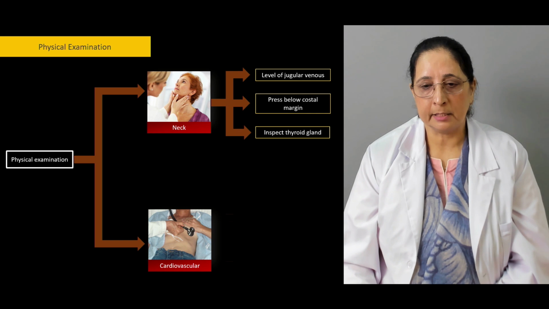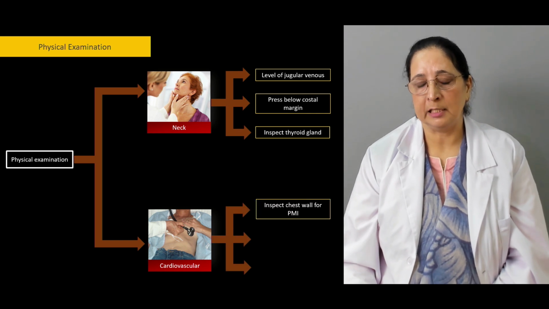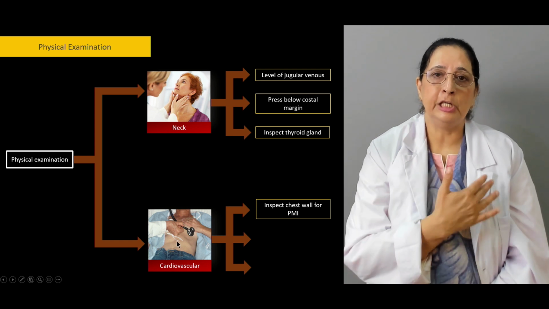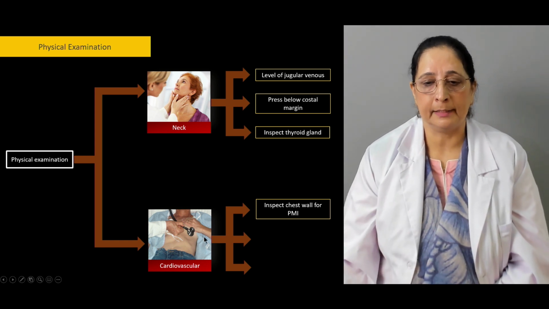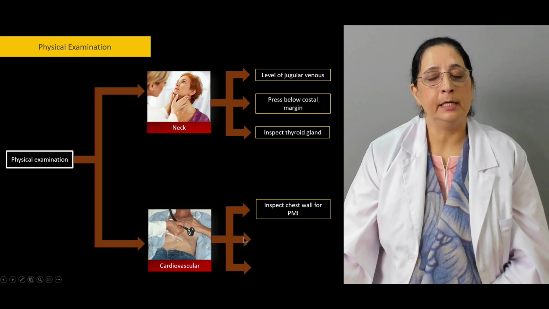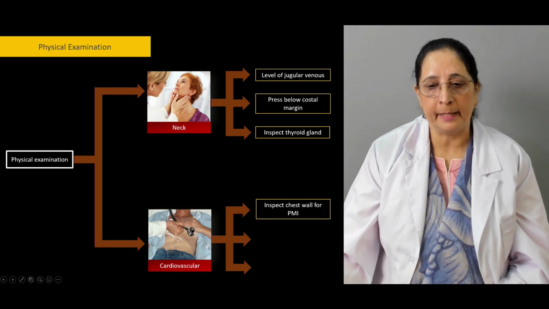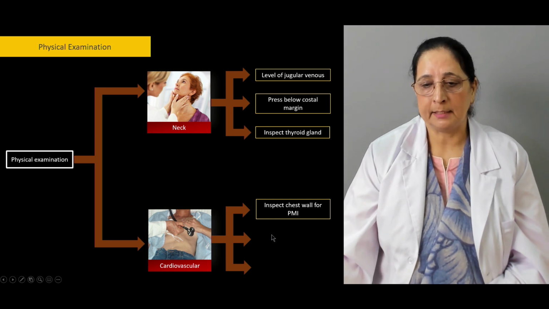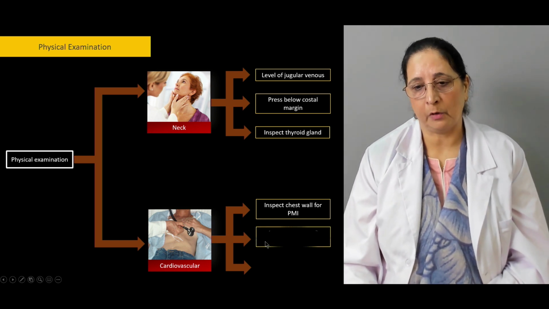Then cardiovascular, we should inspect the chest wall. Examination of the chest wall for the PMI, the point of maximum impulse, where the heartbeat is present, we should look for that.